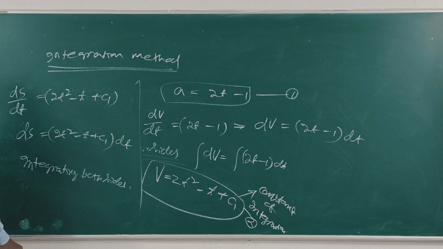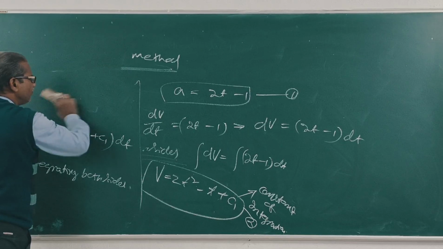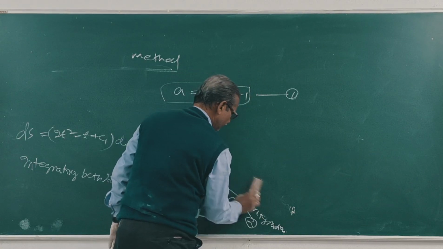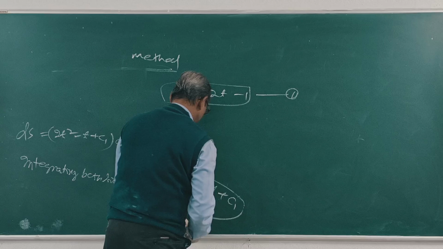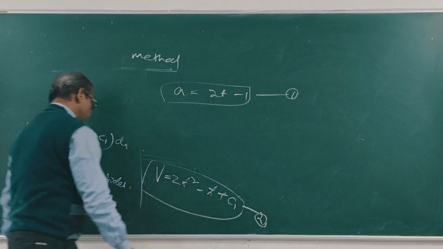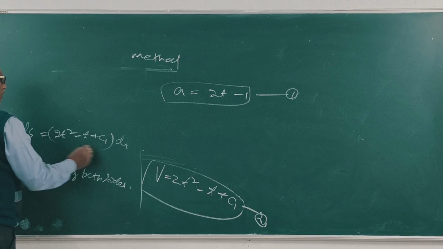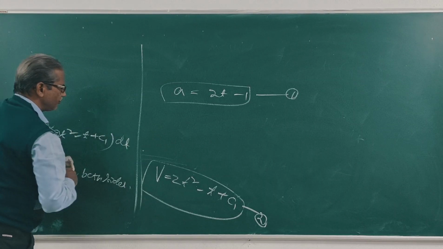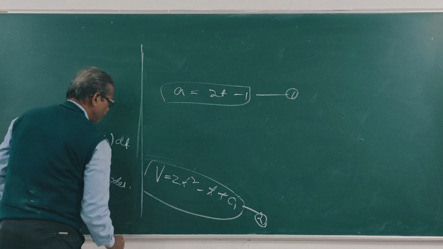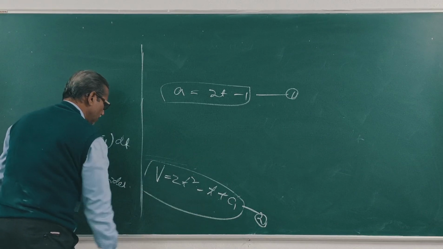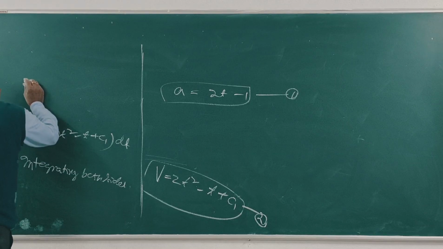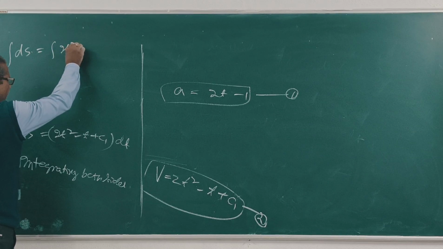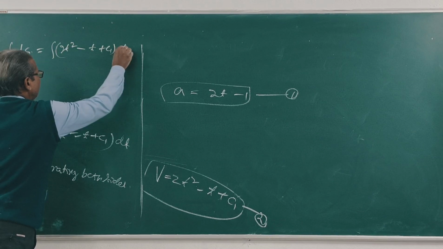So integration of ds is equal to integration of 2t square minus t plus c1 dt, right?